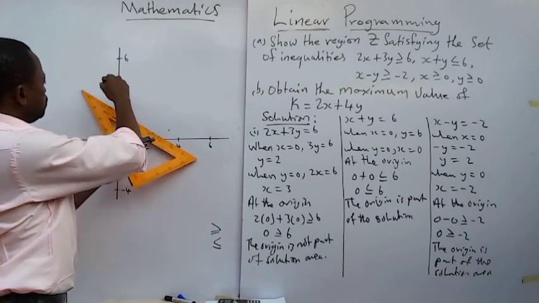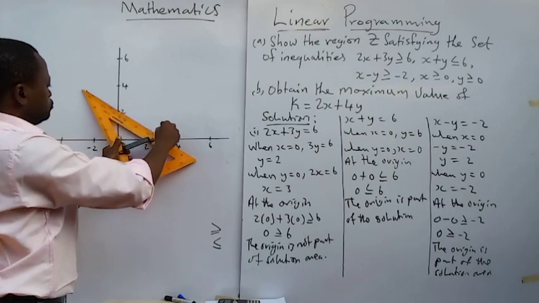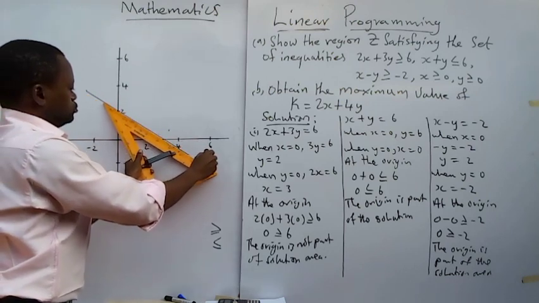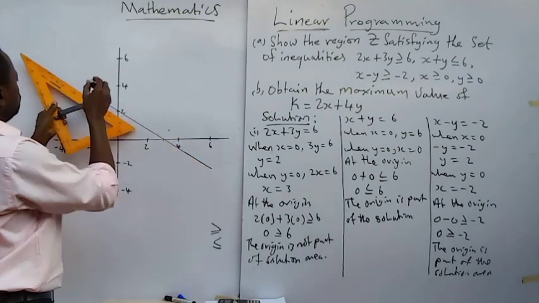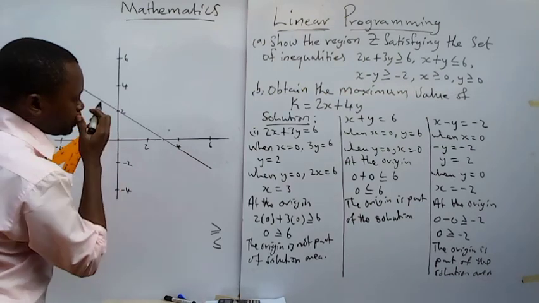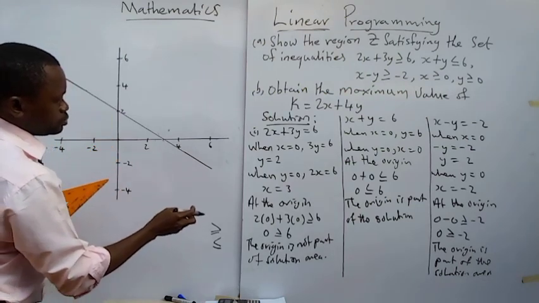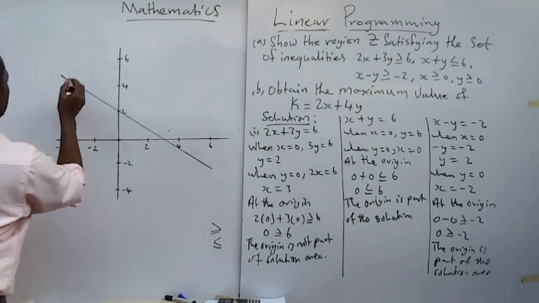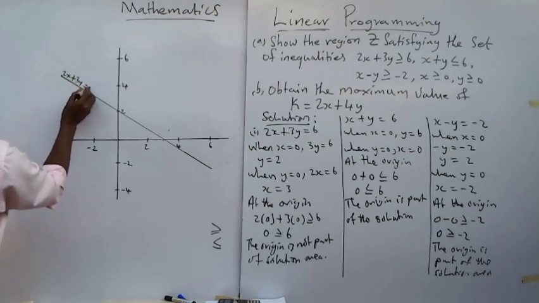So we have this as the line representing 2x plus 3y equals to 6.